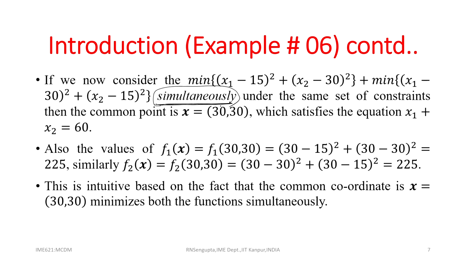Under the same set of constraints, which as you remember were 6 in number, the common point which satisfies both, considering we want to minimize, would be very interestingly a different point, where x1 is 30 and x2 is 30, and it will satisfy the line x1 + x2 = 60, because one of the boundaries of the feasible region was x1 + x2 >= 60.